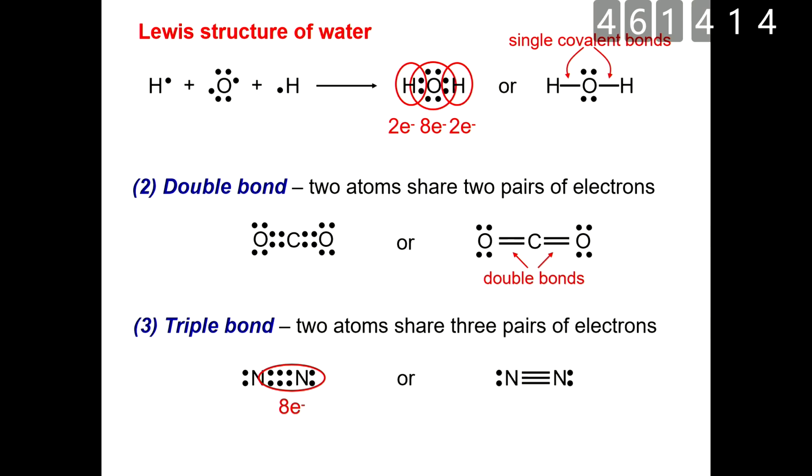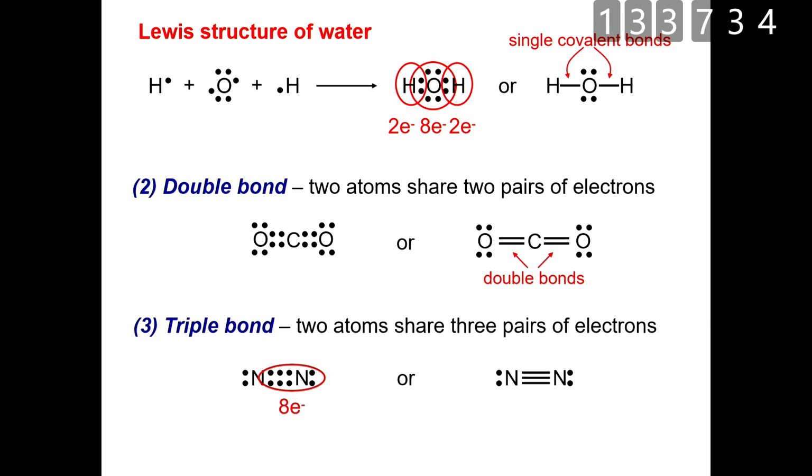We know if it has 8 electrons, this means it's stable. So here, the 6 shared electrons mean the formation of the triple bond. So triple bond means 6 electrons.